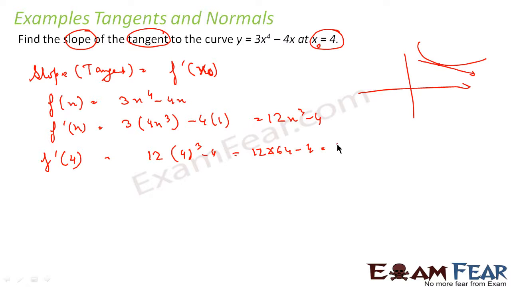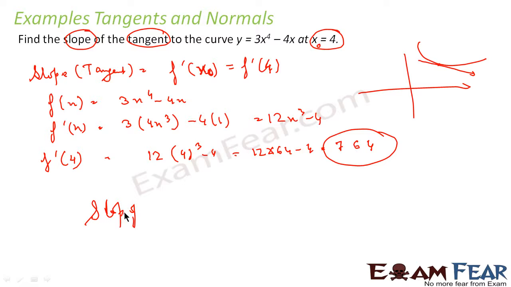We solve this, 768 minus 4, 764. Correct? So this is nothing but my slope of tangent, because this is nothing but f dash 4. So my slope of tangent is very easy to find, that is nothing but 764. And to find this I did nothing, I found the value of f dash 4, because my slope of tangent at a point x0 is nothing but f dash x0.